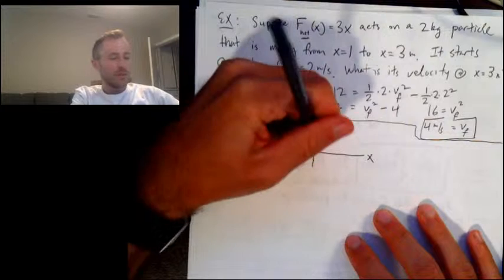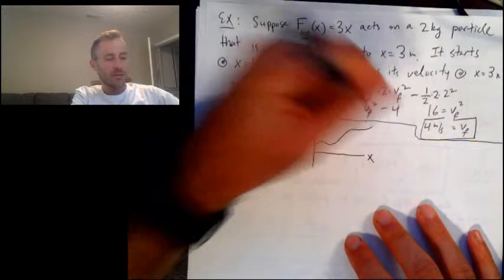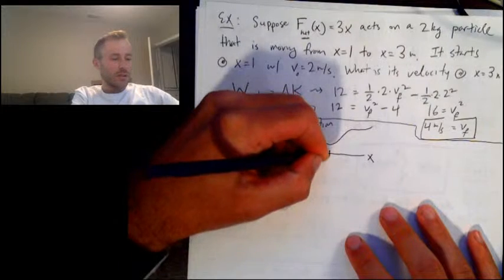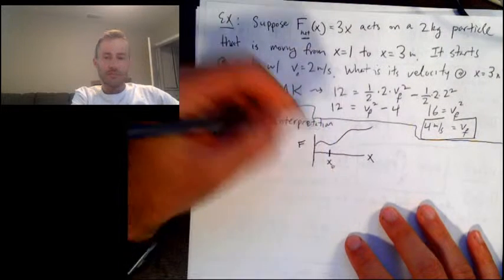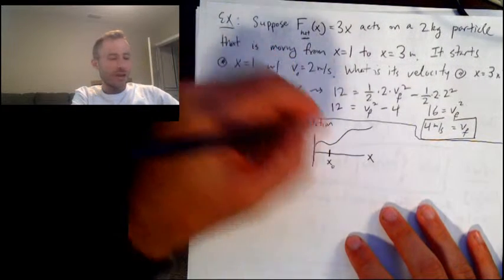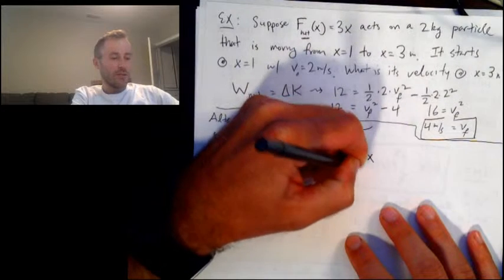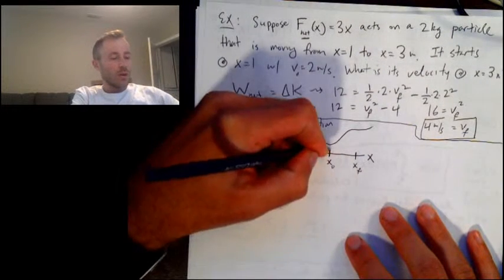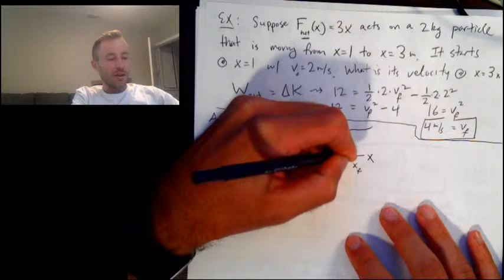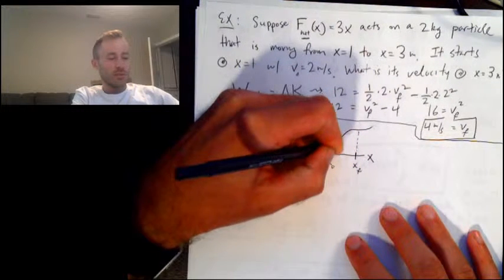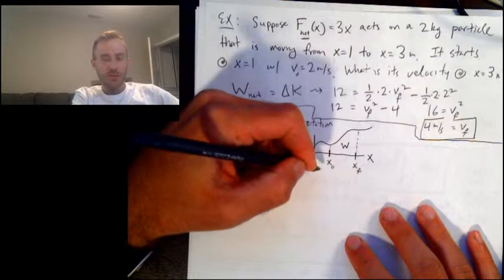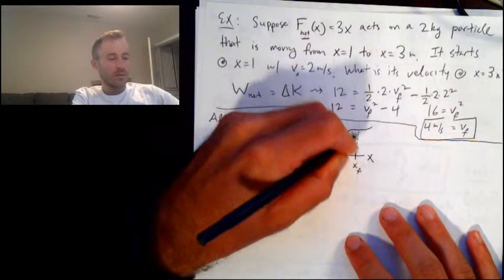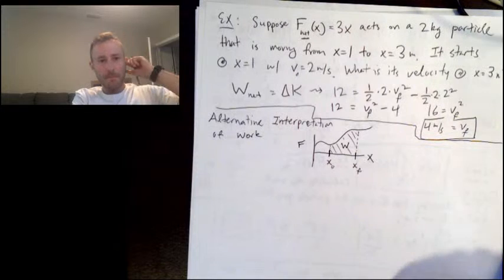Maybe this is what the graph looks like. The particle has an initial position and it has a final position. The work is going to be the area under the curve between those two positions.